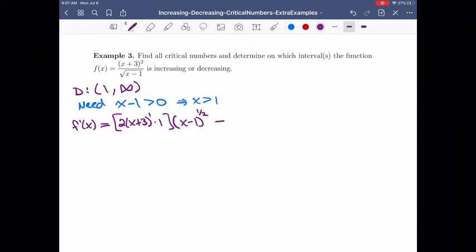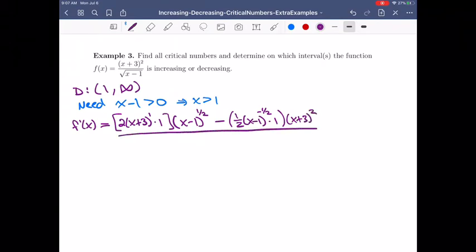Minus the derivative of the bottom, which is going to be 1/2 x minus 1 to the negative 1/2 times the derivative of the inside, which is 1. And then I'm going to have x plus 3 all squared, and then divided by the bottom, which is the square root, or x minus 1 to the 1/2, and that all squared.